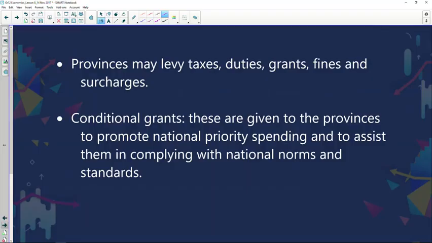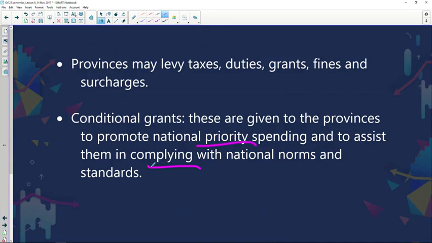Provinces may levy taxes, duties, grants, fines, and other charges in their own capacity as provinces. And then we also have conditional grants. These are given to the provinces to promote national priority spending and to assist them in complying with the national norms and standards.